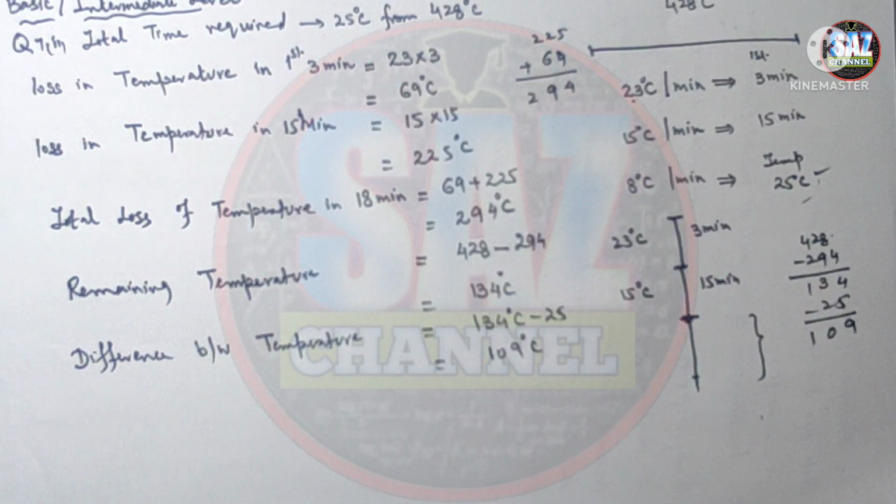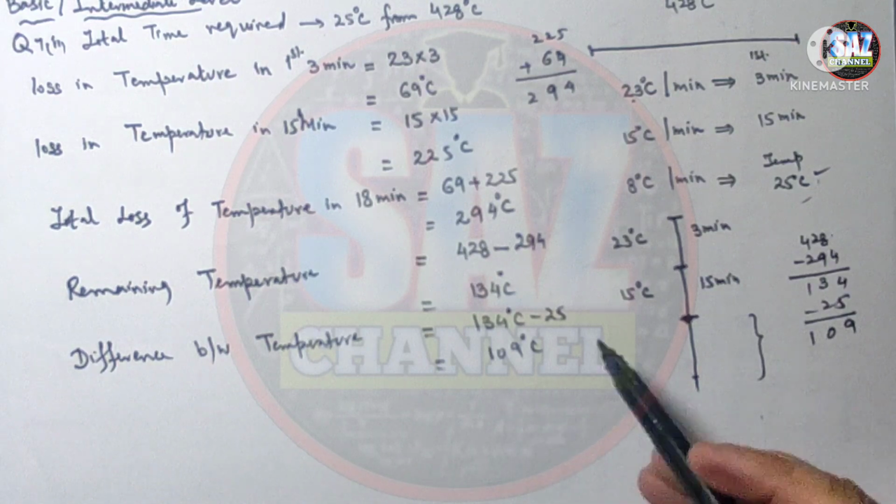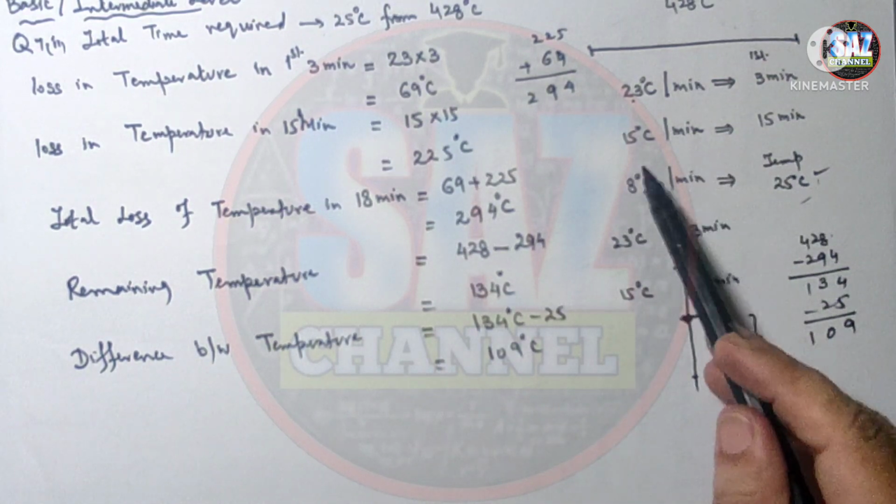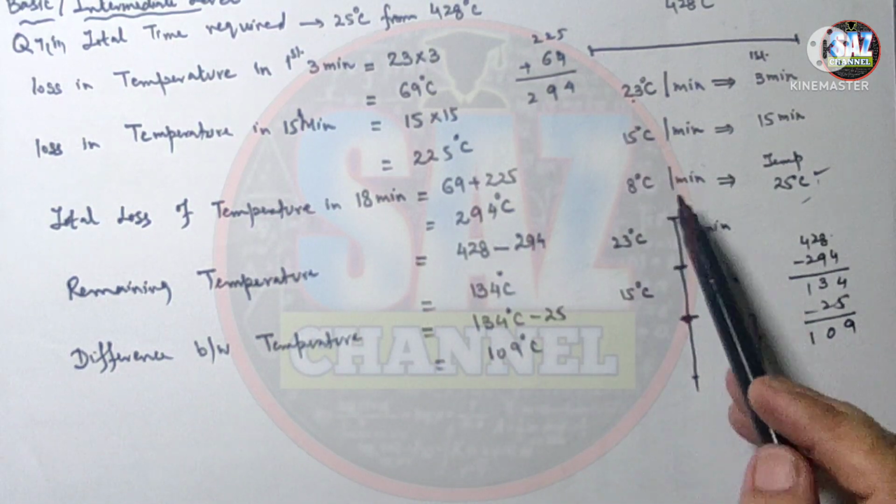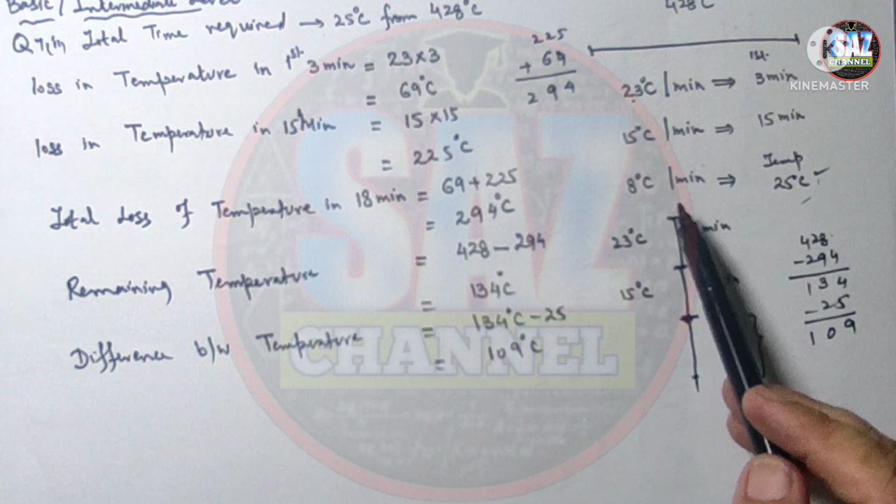Okay, now it means that the remaining temperature is 109 degree centigrade, and for this remaining temperature, the rate of fall of the temperature is 8 degrees centigrade in 1 minute.